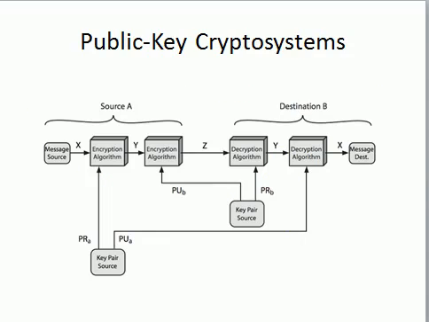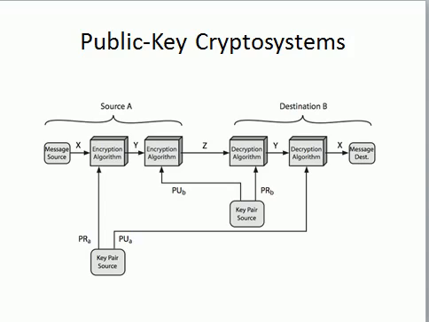Now if you look at the diagram of the public key crypto system, you have the message, called X here, and you are going to make use of the encryption algorithm. For example, the RSA algorithm can be used for encryption, and here a key pair is going to be used: one is the private key and the other is the public key.